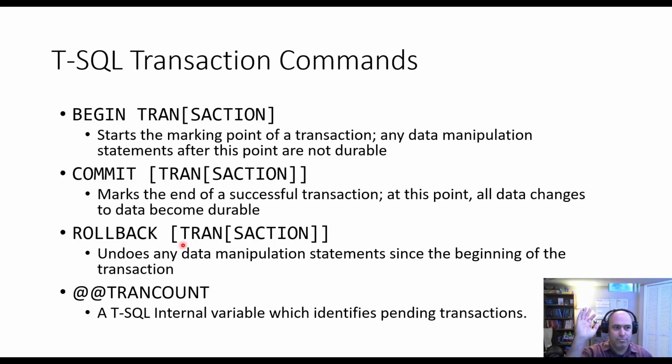It just says undo and cancels all of that work. There's also a variable called tran count, and the variables that begin with two ats are internal variables in Microsoft SQL Server, and this variable lets you count the number of pending transactions.